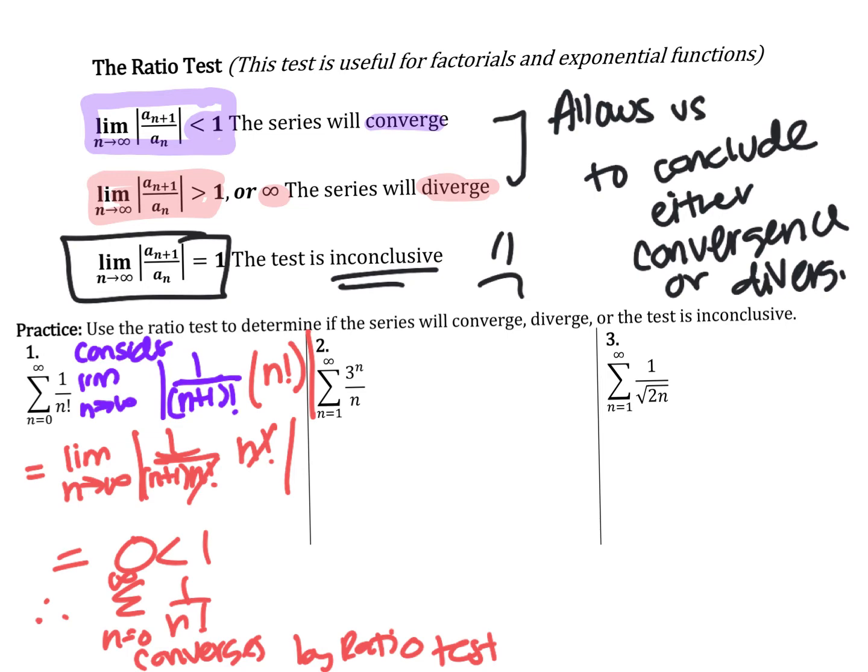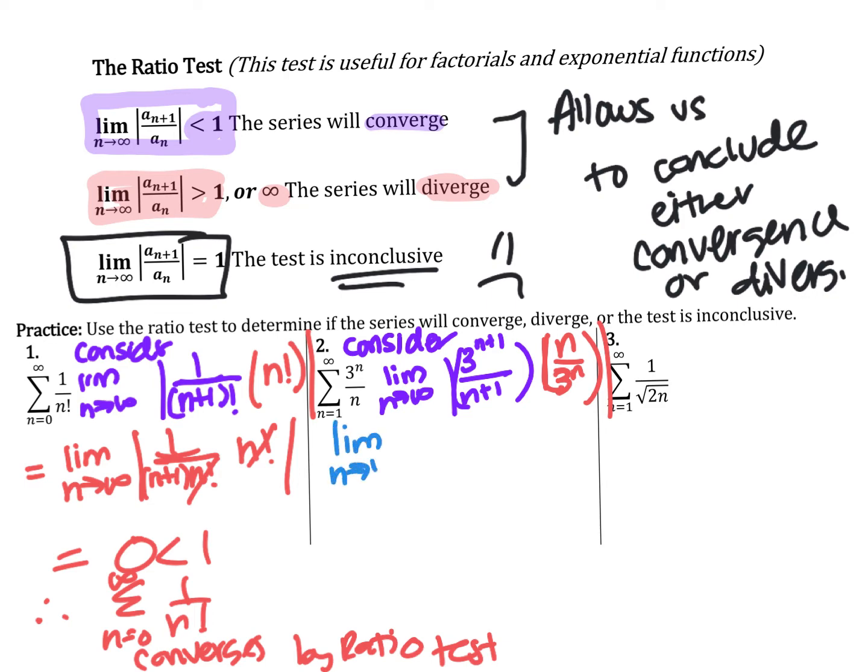Same thing for number 2. Let's consider the limit as n goes to infinity, plugging in n plus 1 and keeping it the same. We can simplify this limit as n approaches infinity. The 3 to the n plus 1 and the 3 to the n will divide out, so we'll be left with 3 in the numerator, and the n that was in the numerator of the red portion, over n plus 1.